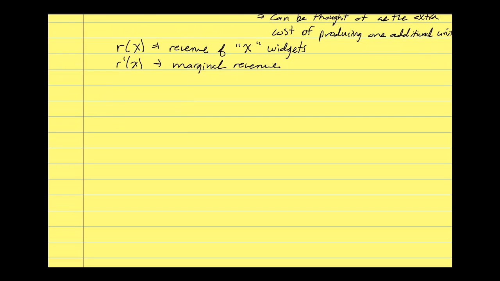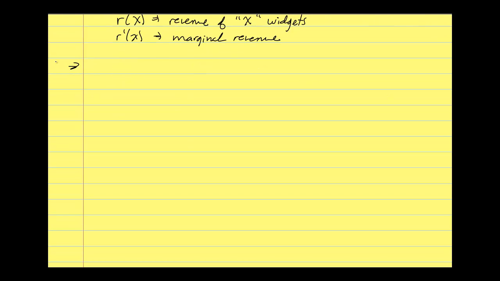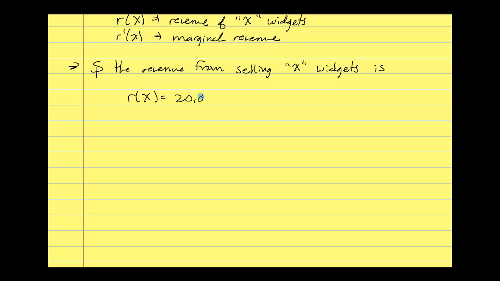So let's go ahead and look at an example where we can apply these types of economic applications to our derivative. So let's, for this example, suppose the revenue from selling, let's say X widgets, they could be anything, is given by the revenue function R of X equals 20,000 times 1 minus 1 over X. And of course this is in terms of dollars.